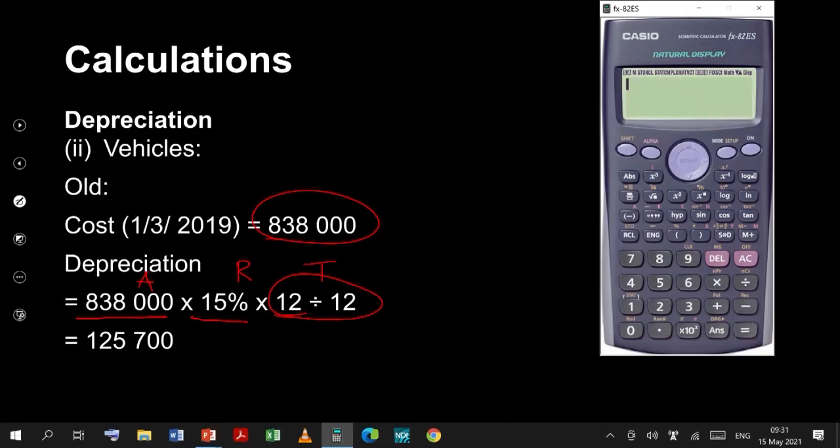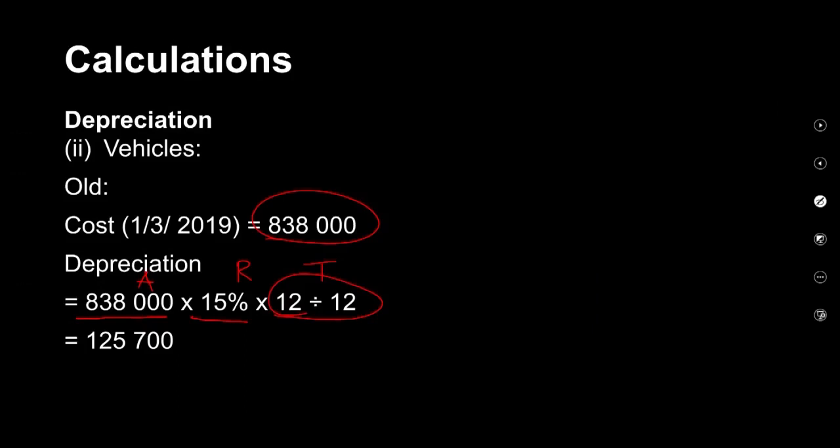Let's redo our calculation. 838,000 times the 15%, okay, and there we go, will give you a figure of 125,700. So that figure was in fact correct. So what have we done?